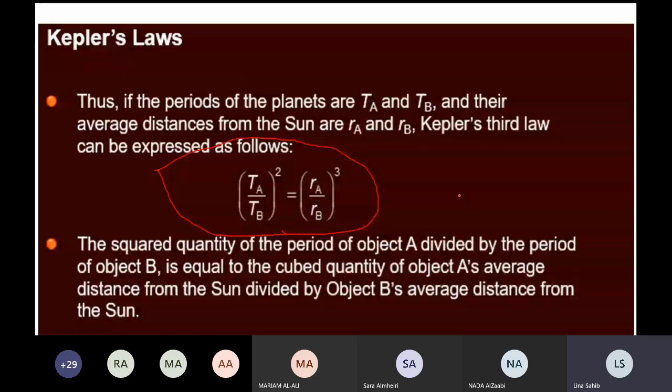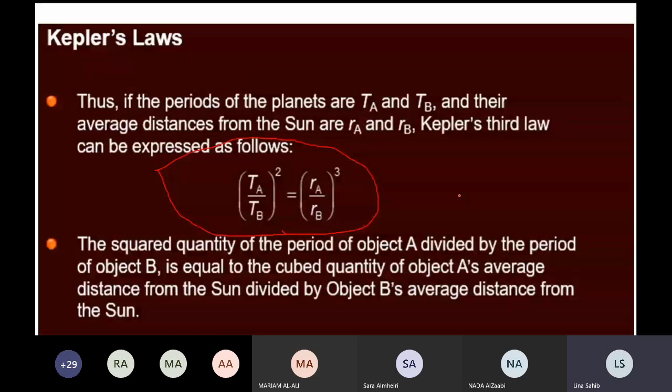So we can talk about satellites, moons, or stars. Some questions could have the Earth as the center with the moon rotating around it, and a satellite and moon around the Earth. Or sometimes the center will be the sun, with different planets rotating around the sun like Mars, Earth, or Pluto, and so on.